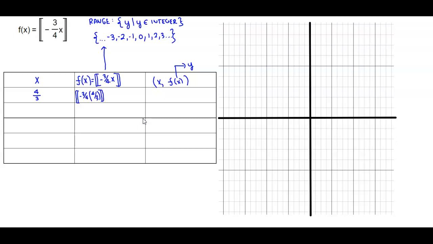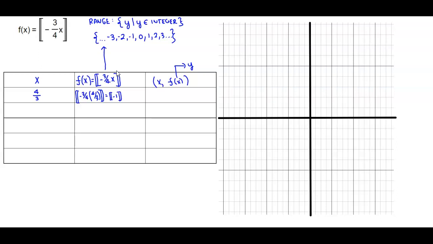So what do we end up getting? We get -12/12, which equals -1. So this is going to give us -1.